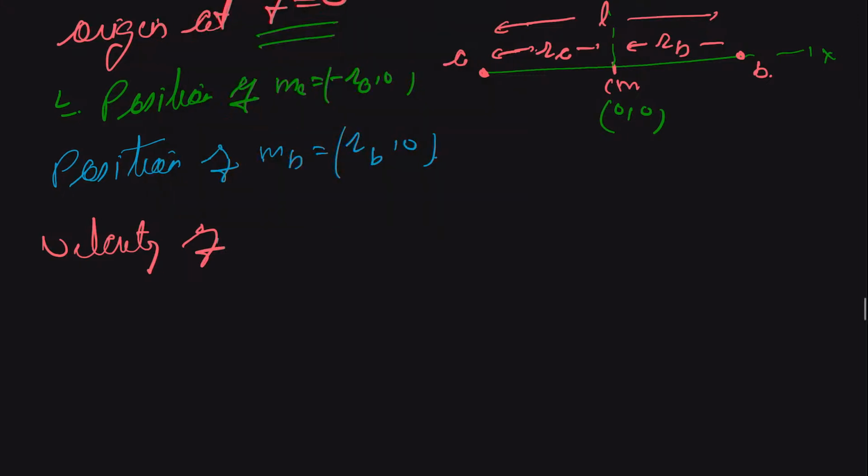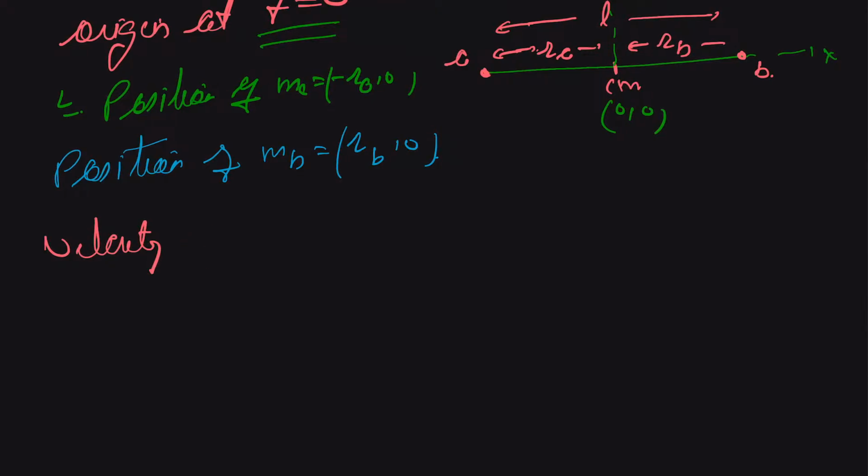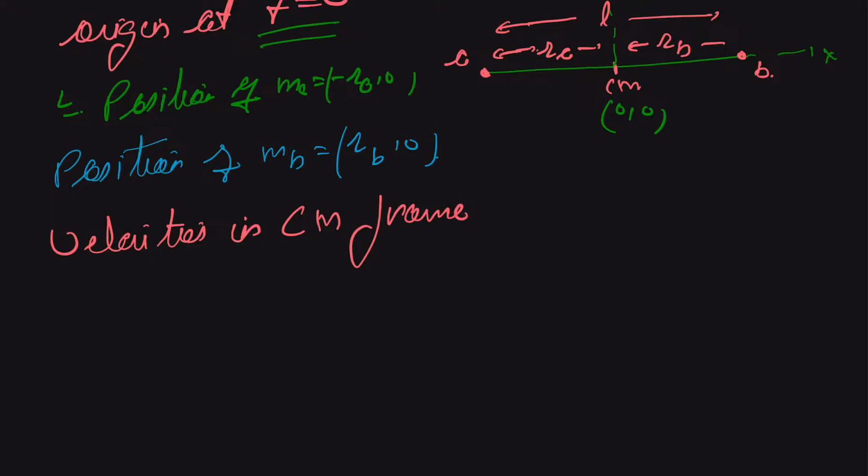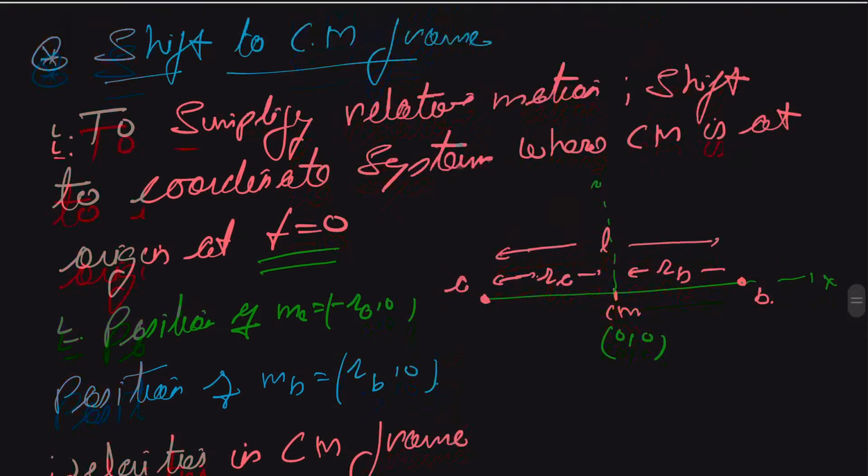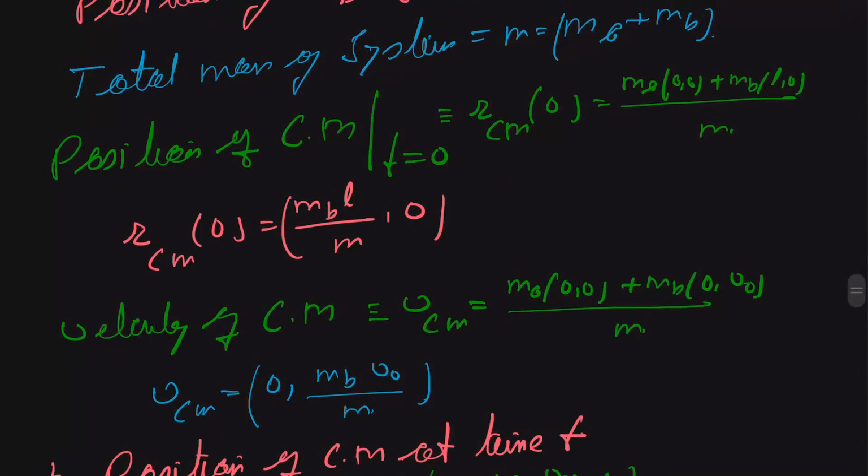So we can get the velocities in the center of mass frame by subtracting the VCM, which we have just calculated, from the velocities.